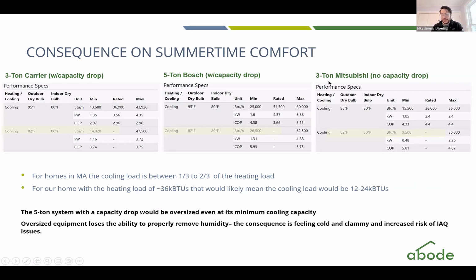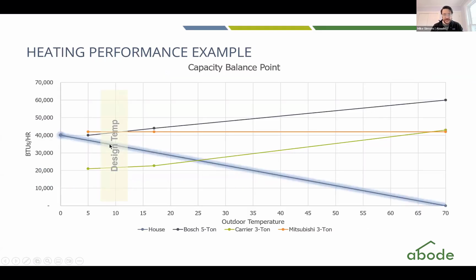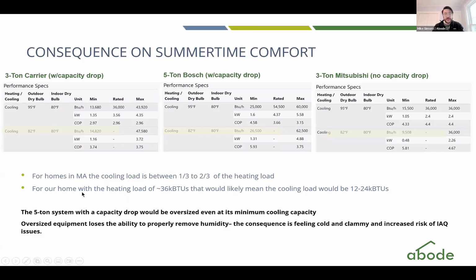And if I look at the Mitsubishi system, it's just shy of 10,000 BTUs. This is all important because say if the heating load is 3 tons, the cooling load is probably somewhere between 12 to 18,000 BTUs. That's as much cooling as the home would ever need to get from 95 degrees down to 75 degrees. So with the Bosch system, the cooling is going to be wildly oversized.